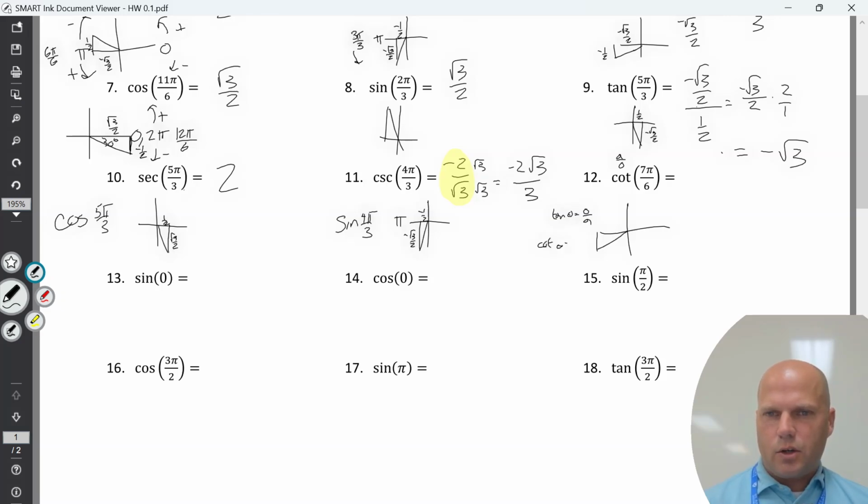Cotangent of an angle is going to be adjacent over opposite. So adjacent is negative root 3 over 2, the longer side of a 30, 60, 90 triangle. Opposite is negative 1/2. So I'm going to do the negative root 3 over 2 over the negative 1/2. I can kind of see that it's going to be the same as this work up here, only a negative divided by a negative, not knowing what I'm doing.